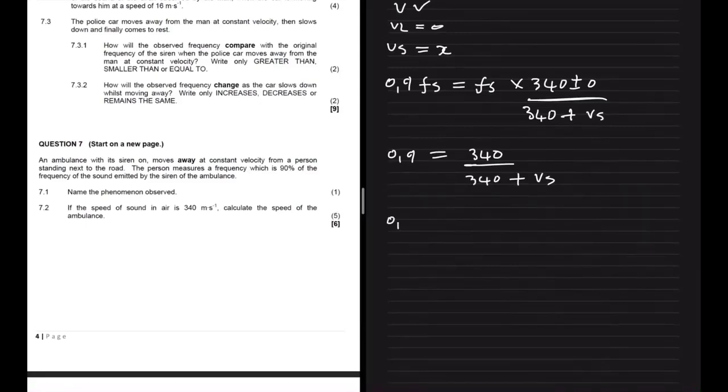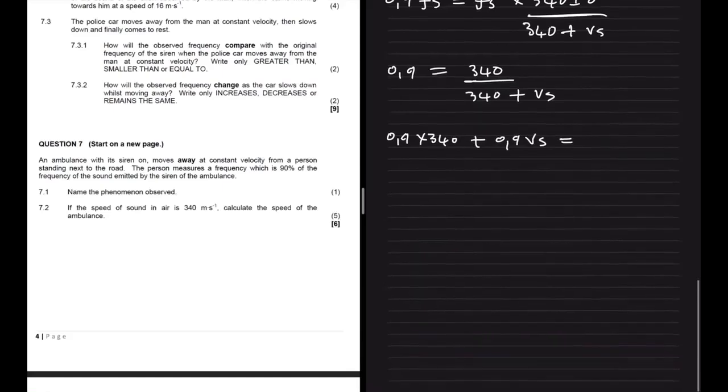We have 0.9 multiplied by 340 plus 0.9 VS equals 340 multiplied by 1. Let's take this to the right hand side.